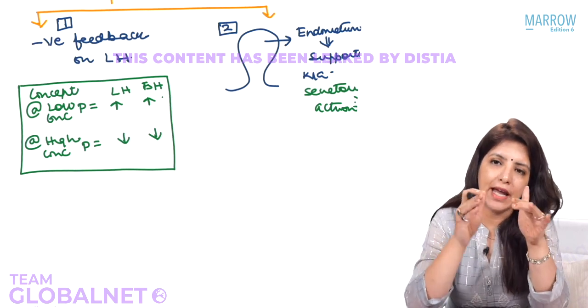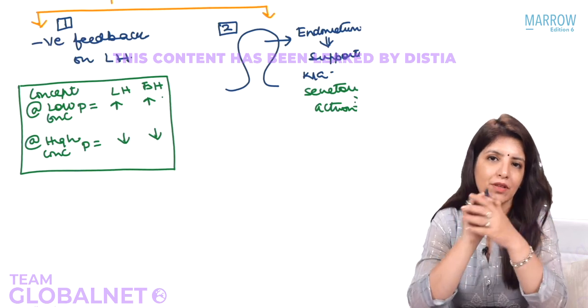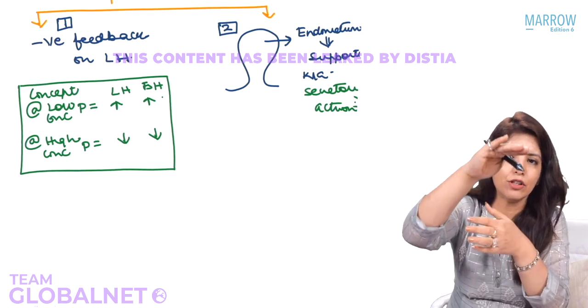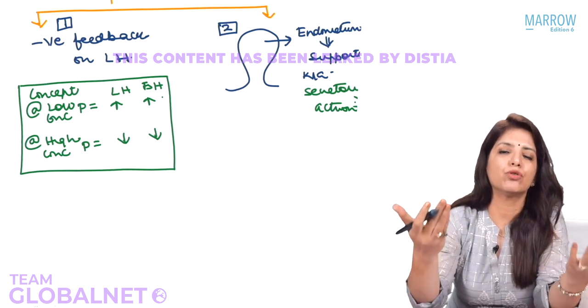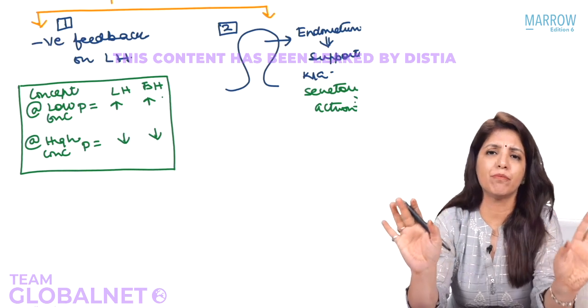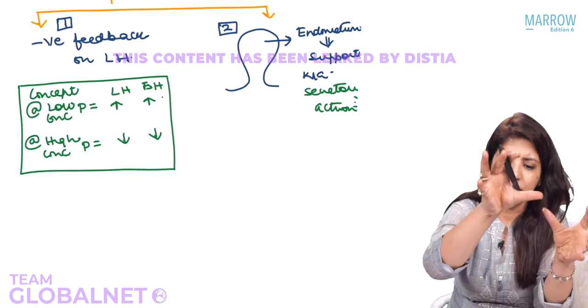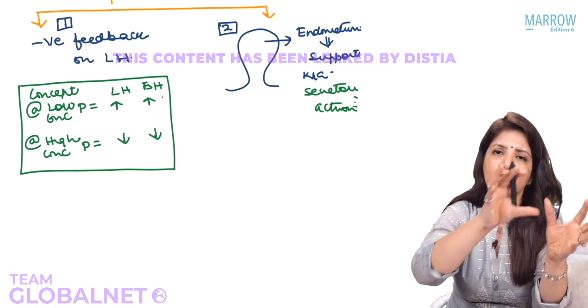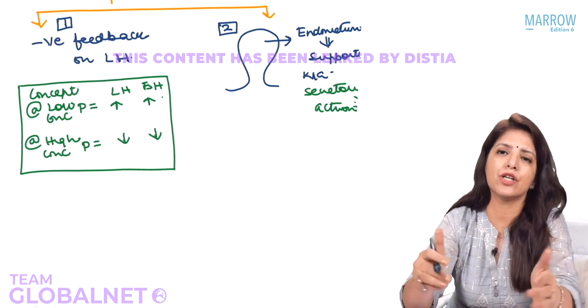And this very LH is being decreased by progesterone, right? So when the levels of LH decrease, corpus luteum also starts degenerating. A very, very simple relationship between them. You go, I go, right? So the moment LH starts decreasing, the size of corpus luteum starts decreasing and it starts degenerating.